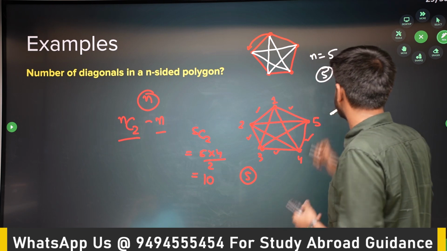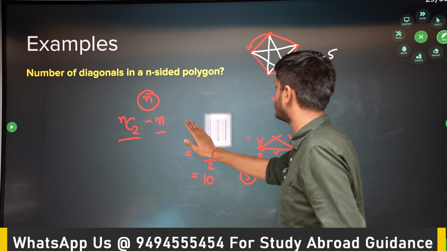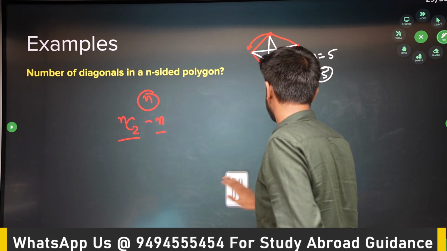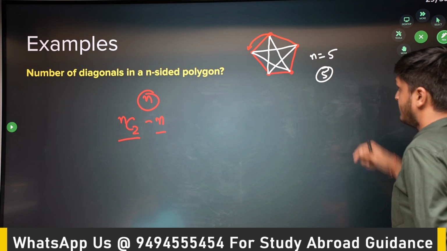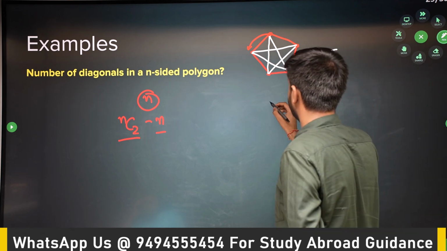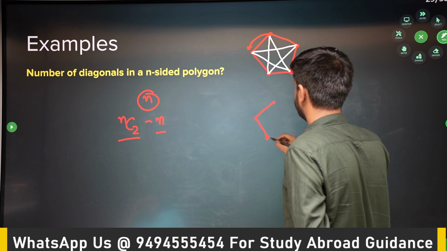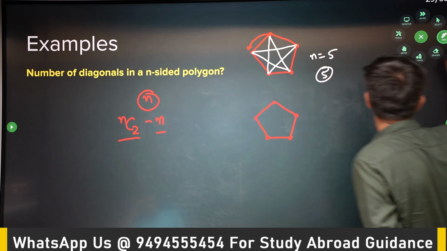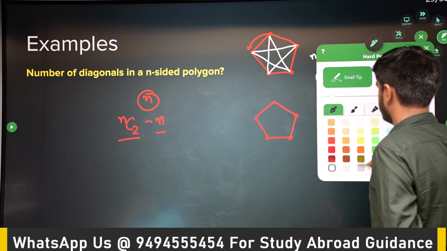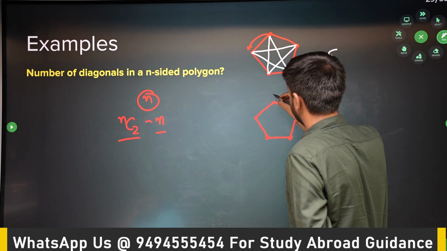And there is another way to do this as well. Let's see that. Very simple. So what is the other way to think about this problem? Let's take any vertex.